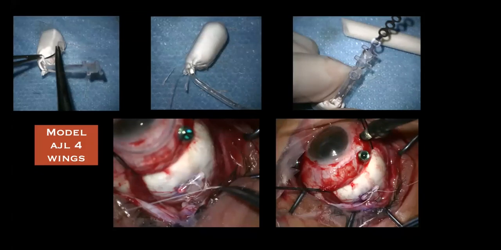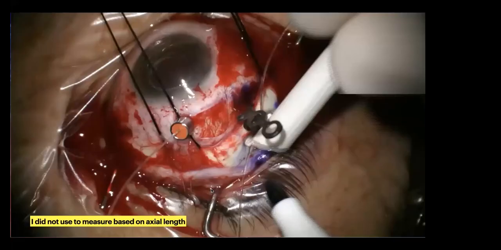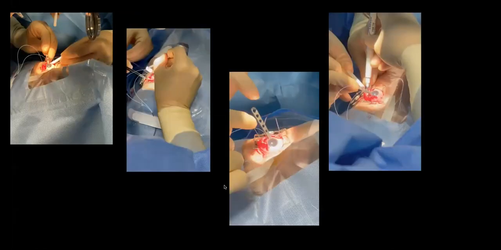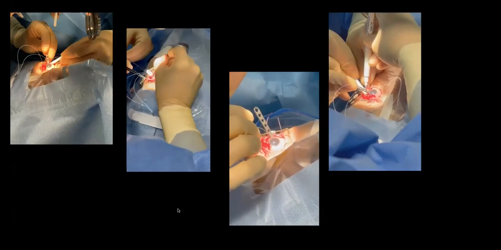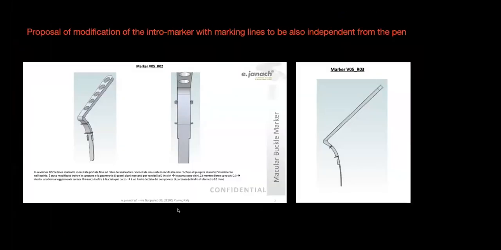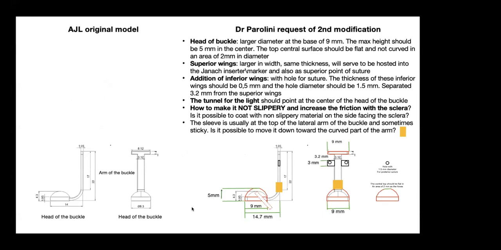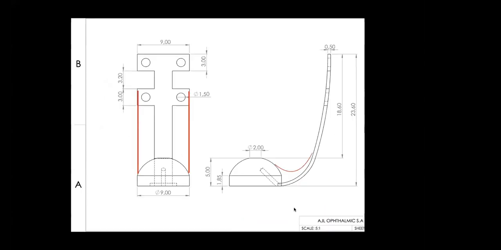Then I asked AJL to create 4 wings, but that was not enough either. This is one more model of loading device, and different models of the buckle.